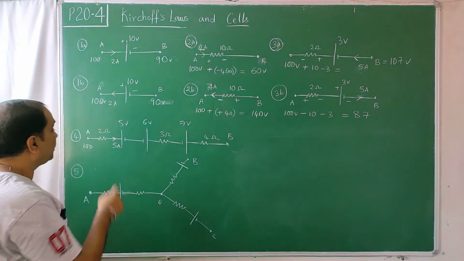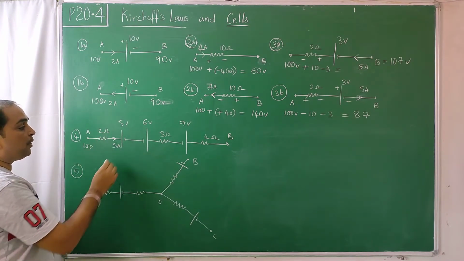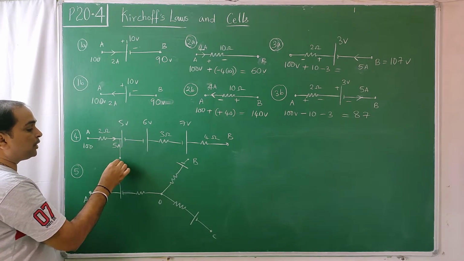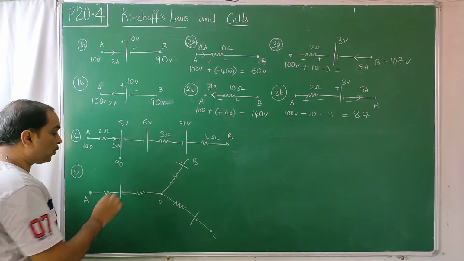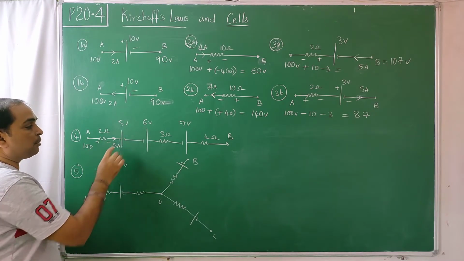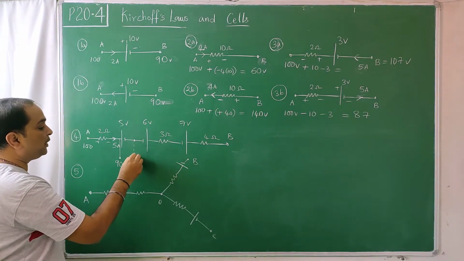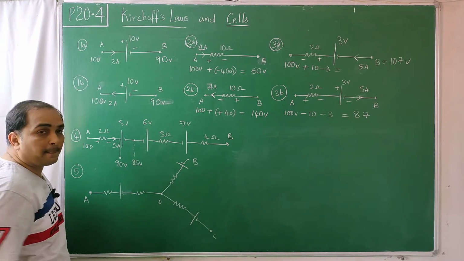Multiplication becomes easier. 5 2s are 10. Out of 100, there is a drop of 10. So this point will be at a potential of 90 volts. Again there is a drop of 5 volts. Plus 2 minus, there is a drop. So this point will be lesser than this. And this point will be at 85 volts.